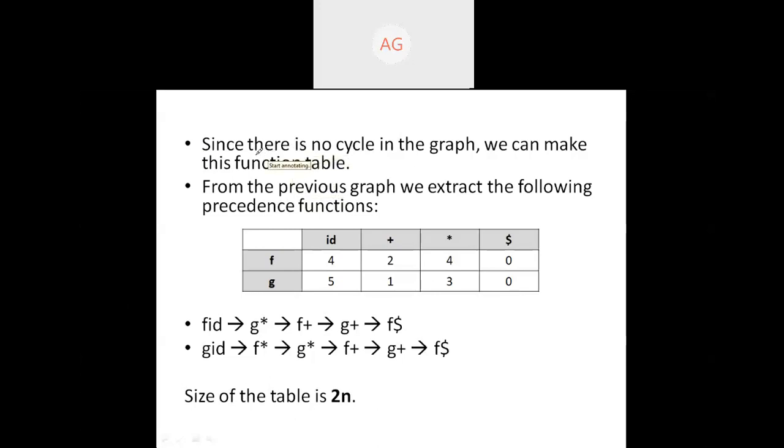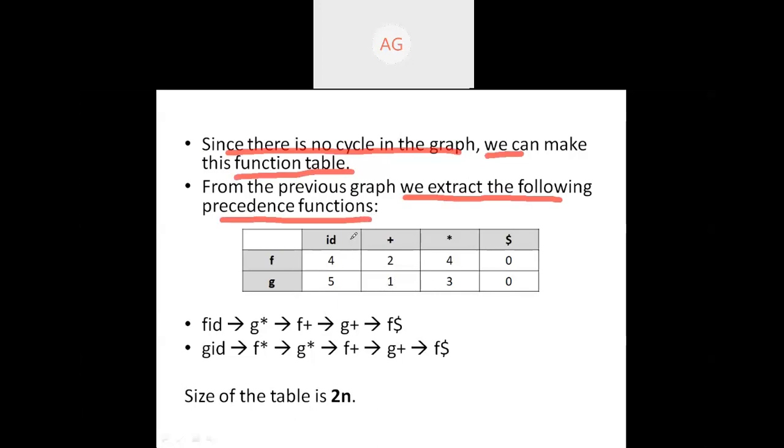But in the previous slide's graph, there is no cycle. So we can make the function table. As there is no cycle in the graph, we can easily make the function table from that graph. So from the previous graph, we extract the following precedence functions. Now the function table can be made in this way.